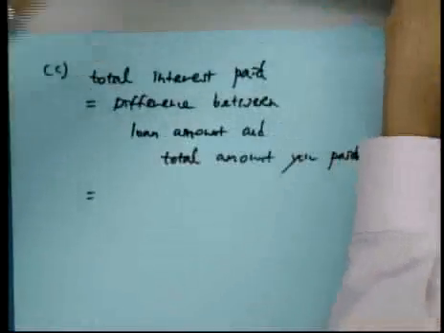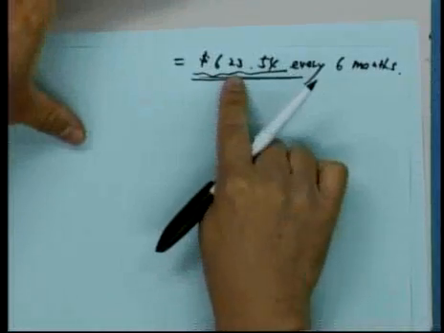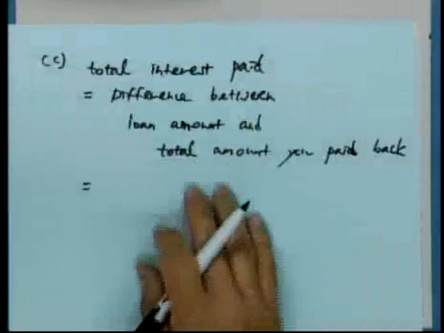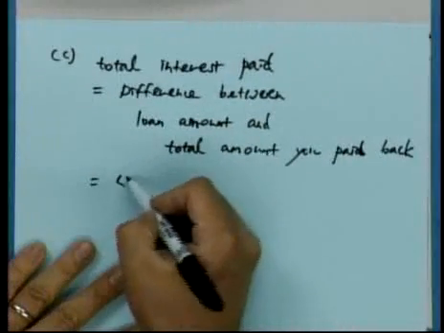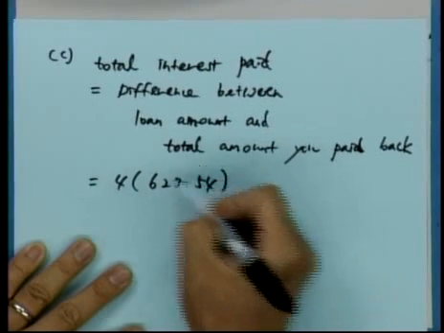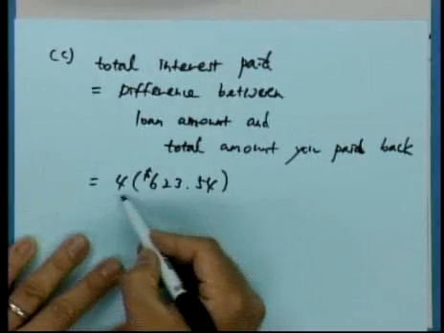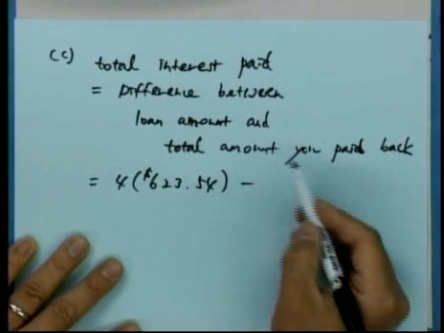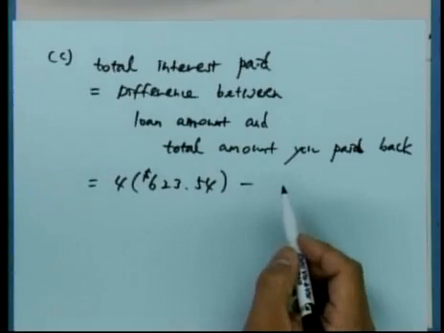From part B, you got $623.54 for every 6 months, right? So you need to multiply by 4. Then this is the total amount you paid back, right? And how much is the loan amount?